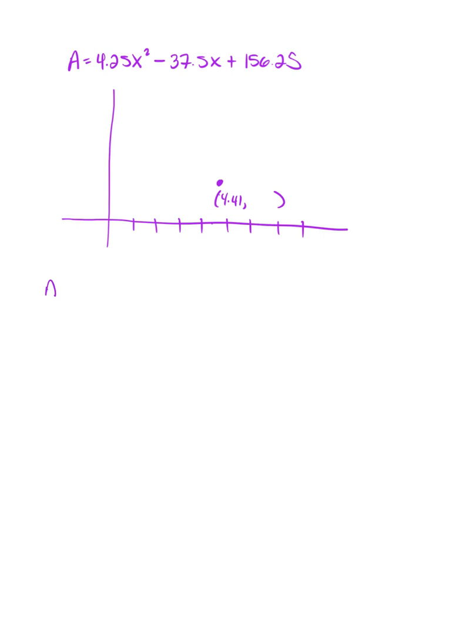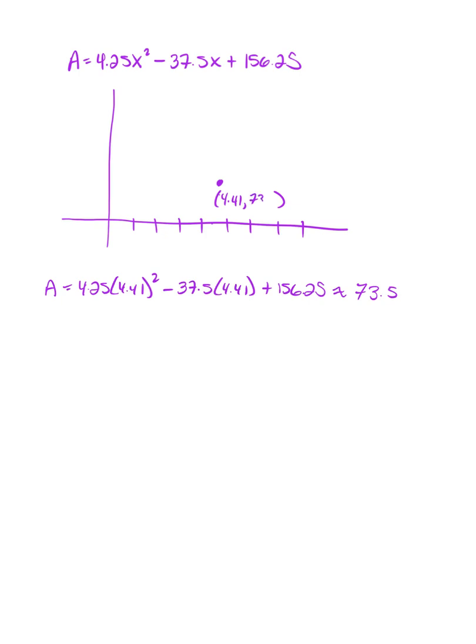So area would be 4.25 times 4.41 squared minus 37.5 times 4.41 plus 156.25, and that comes out to approximately 73.5.